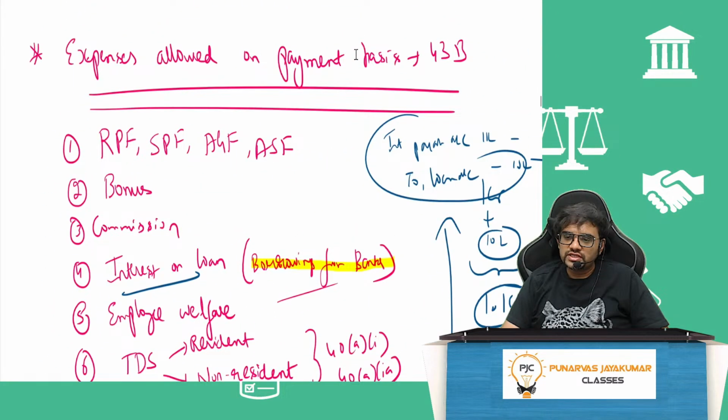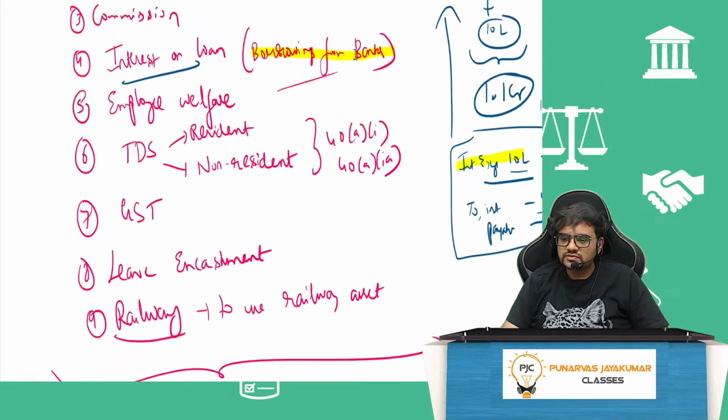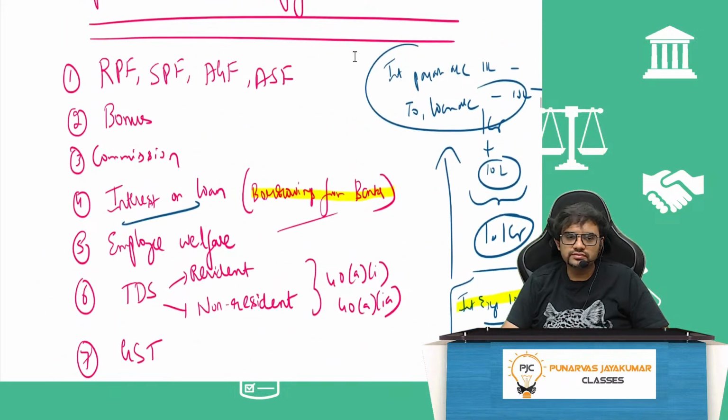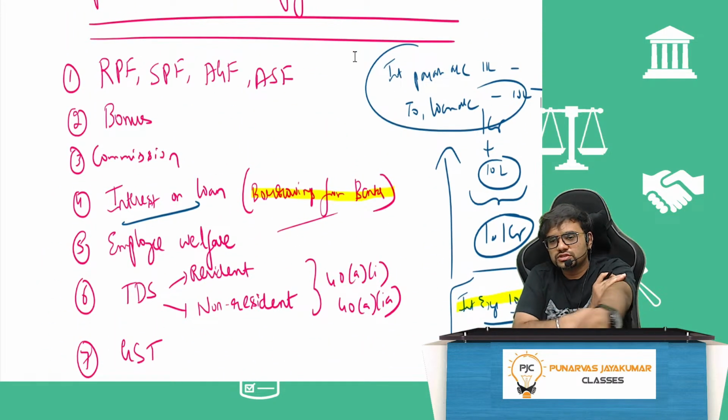Then comes 43B. What is 43B? Expenses allowed only on payment basis. These are the expenses which will only be taken into account if you make the payment within the due date of filing the return. What are those?